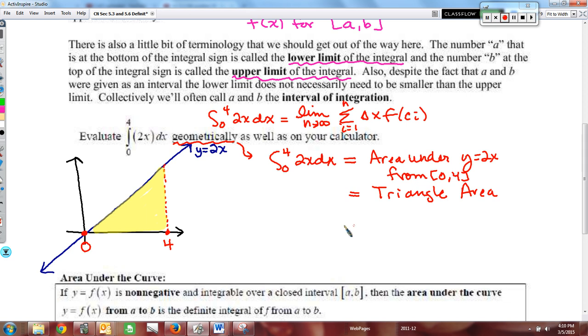I know how to calculate this. I can calculate this by doing 1/2 of the base times the height, and then I just do some calculations.